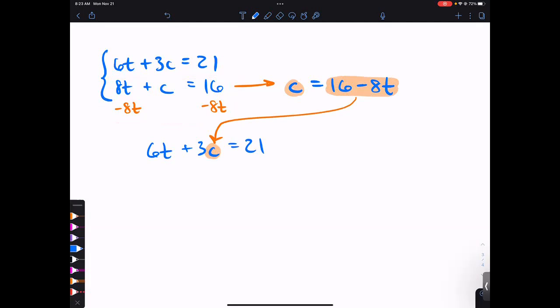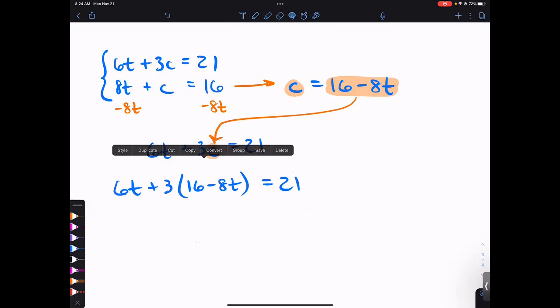So replace c in that first equation with what we just learned about c: 6t plus 3 times (16 minus 8t) equals 21. All right, does everybody see what I'm doing there? In place of c, I'm replacing it with what we just figured out about c.